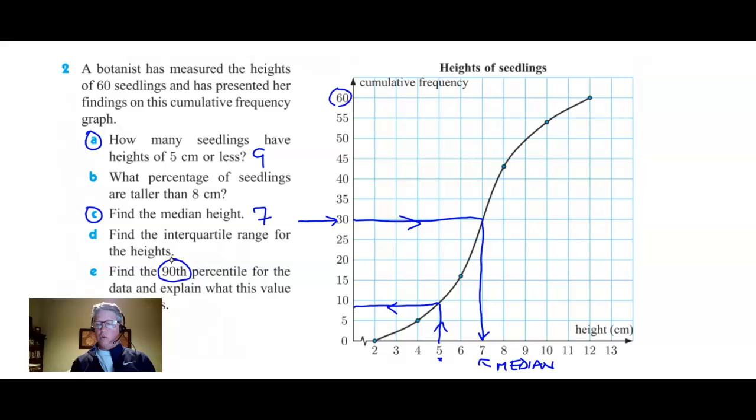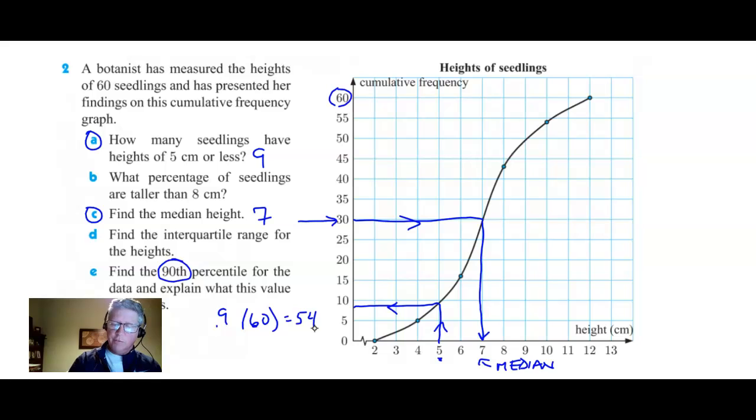Okay, so if I'm a plant and I want to be in the 90th percentile, that means 90% of the population is below you. So 0.9 of 60 is 54. So you're saying there's 54 plants below you.